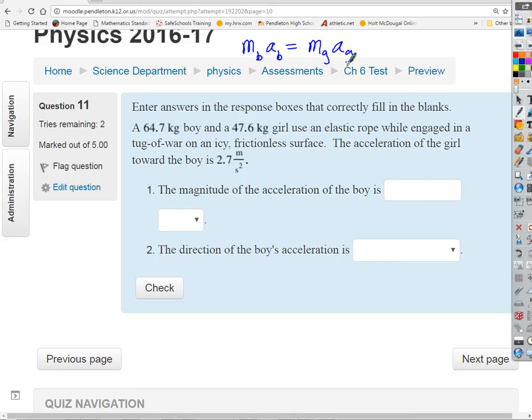What are we trying to find? We're trying to find the boy's acceleration. So all we have to do is divide each side by the mass of the boy, and we end up with a sub b equals m sub g, a sub g over m sub b. So what is that?